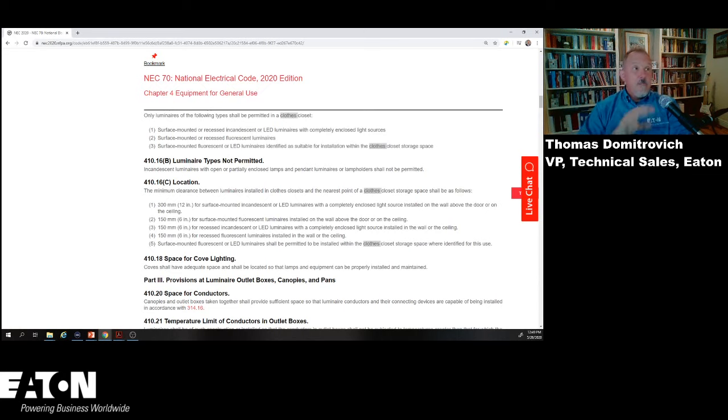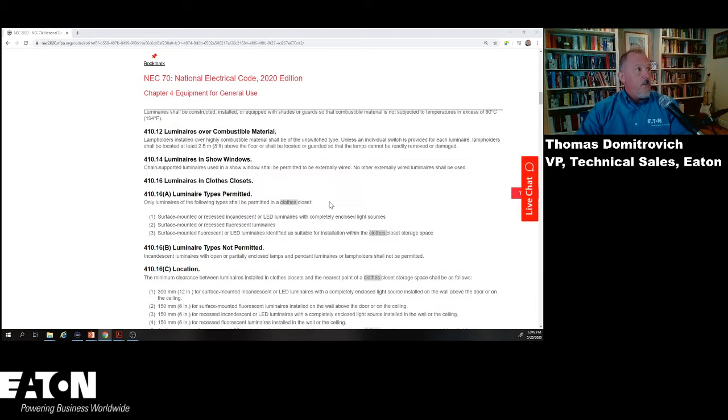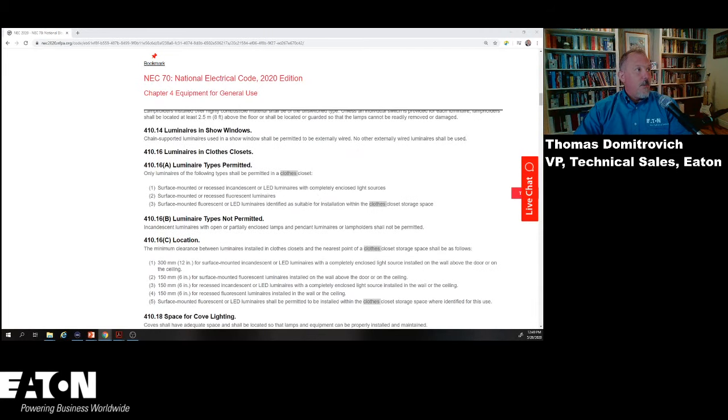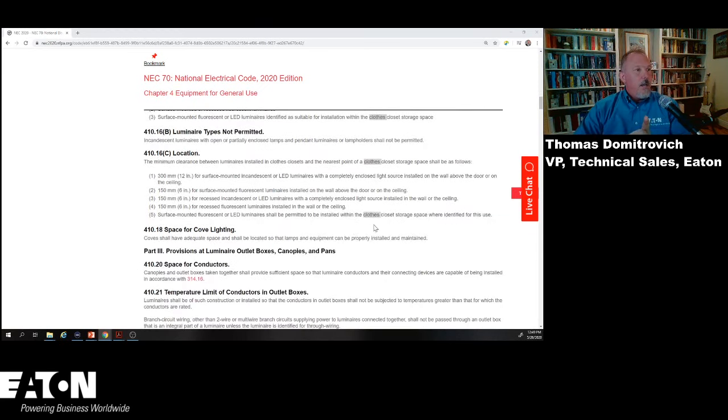So they did make a significant change here to remove the requirements from those other types of closet storage spaces. So Don, you have a point, in my opinion, that they did remove that from any type of closet space. I was going to make the argument that all of these, well, I could still make that argument because 410.16 talks only about closed closets, yet down in this area we had closet storage space.